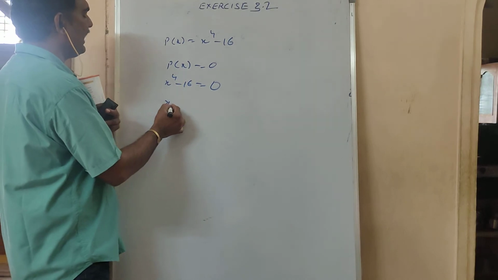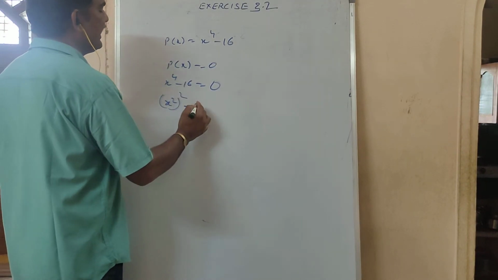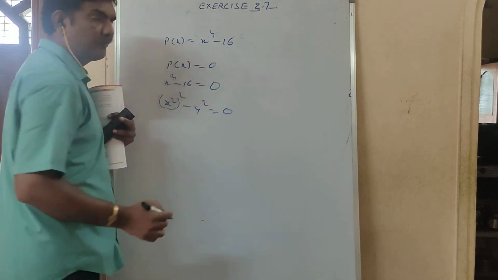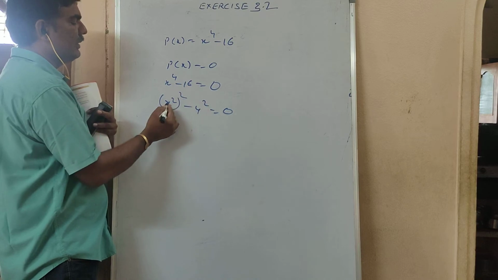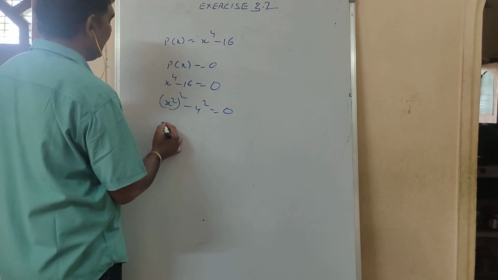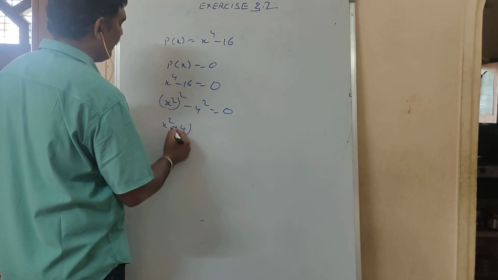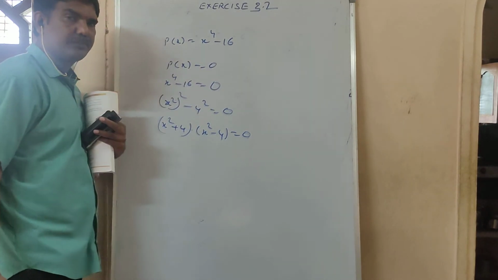x power 4 can I write as x square whole square or not? 16 can I write as 4 square or not? By seeing this, it is like a square minus b square. In place of a you have x square, in place of b, 4. This you can write as x square plus 4 into x square minus 4 is equal to 0.